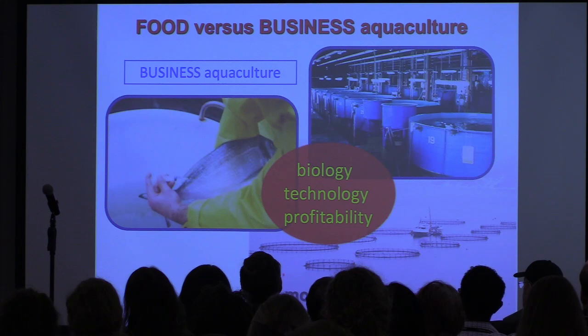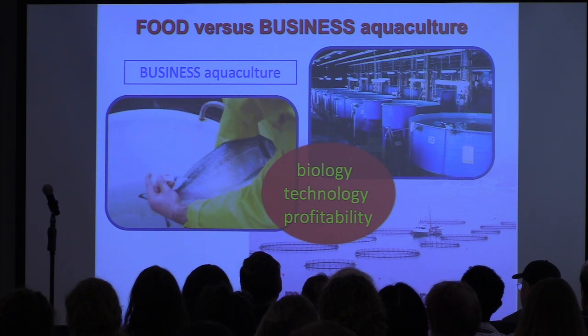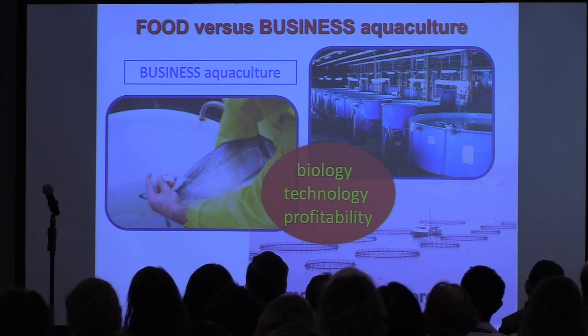You might think, put a male and a female together in an aquarium, give them good food. But many species need special behavior. It needs to be a tank of a minimum diameter for the mating behavior, things like that. So biology, and technology, of course: if you intensify the production, there is the problem with oxygen, so you need better equipment.